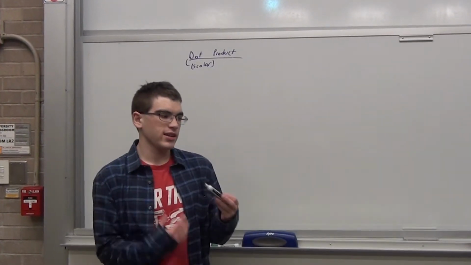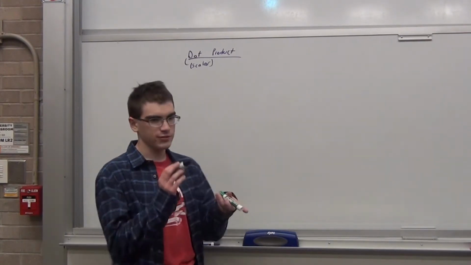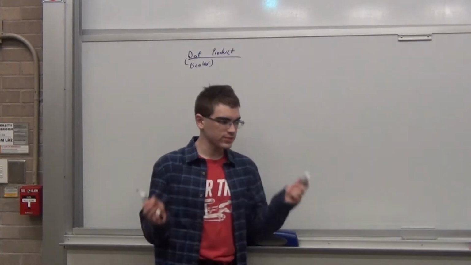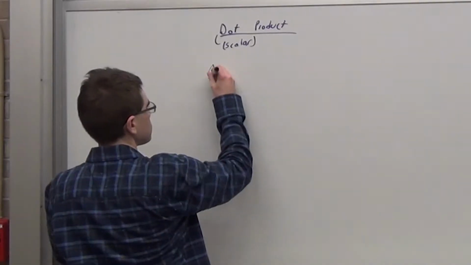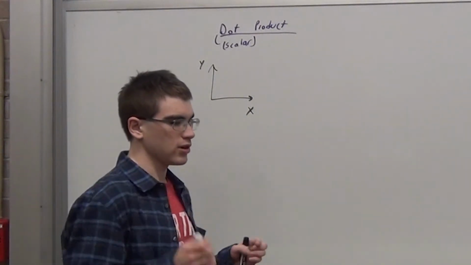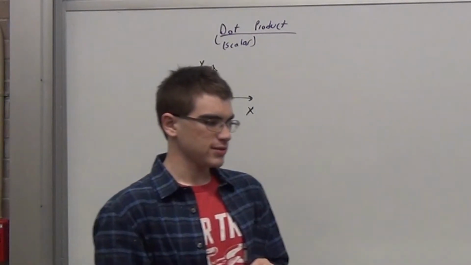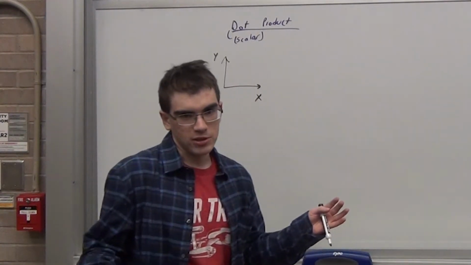Why do we care about dot product? Well, one way we could think about a dot product is it lets us know how parallel different vectors are to each other. So let's consider an example in 2 dimensions. We have our y-axis and our x-axis, and we're going to take 2 example vectors. I know mathematicians like to use u and v. I'm going to use u and w.